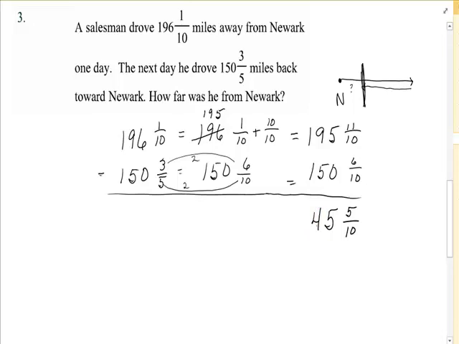One last thing. 5 tenths can be reduced. Dividing by 5, this will become 45 and 1/2 miles. And that's how far he still is from his original location of Newark.